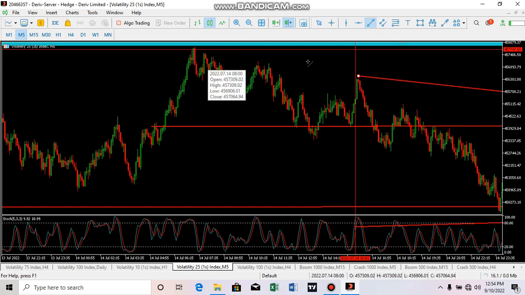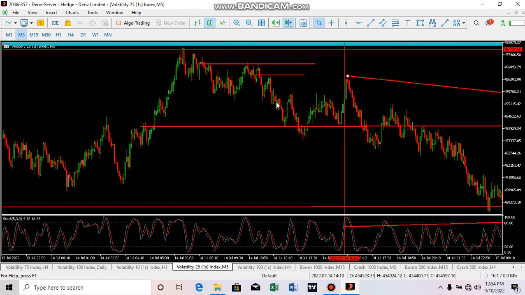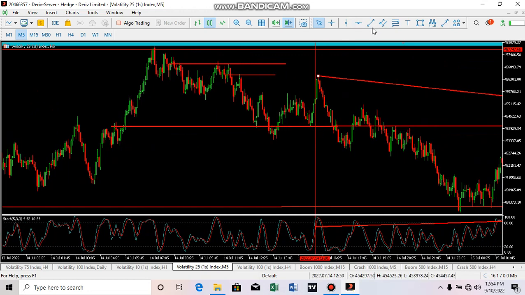This one is the one that made that swing points from here to here, right? And you would have leveraged here. You would have leveraged again in this one. It made a swing point here, right? You would have leveraged again where here you would have wanted to leverage here, right? Here.